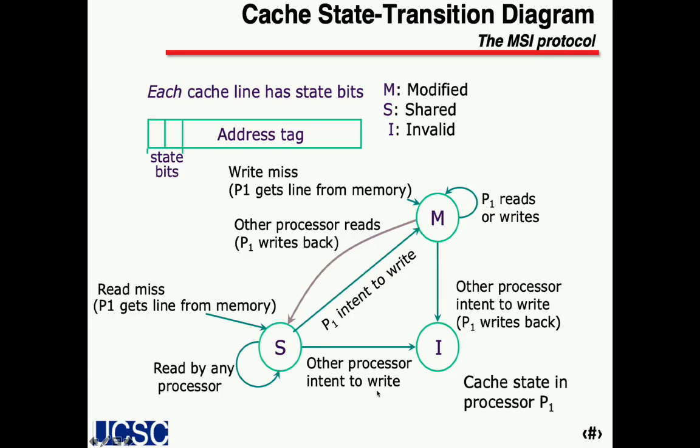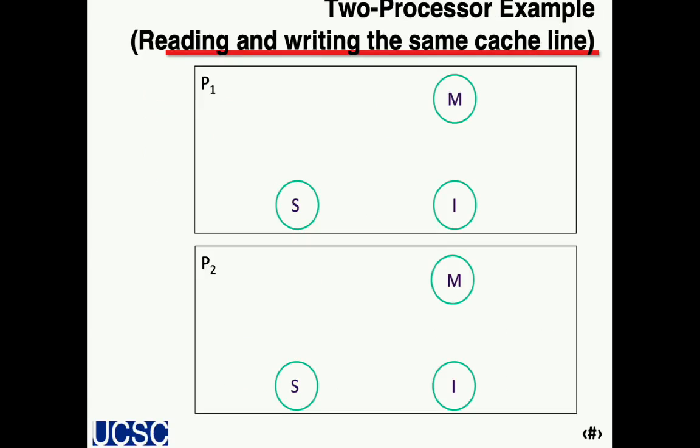OK, so to be a little more concrete, we're going to do an example. So we have two different cores, or two different processors, P1, P2. They're reading and writing the exact same cache line. So we're going to have these states for each cache line inside a cache. Right now, we're simplifying our problem to just talking about a single cache line.